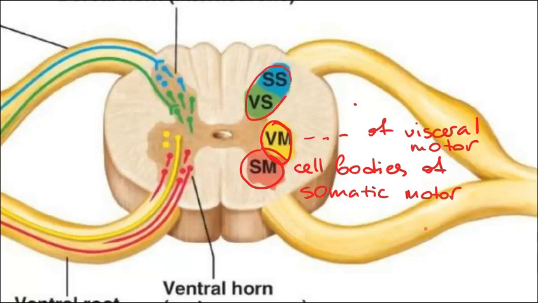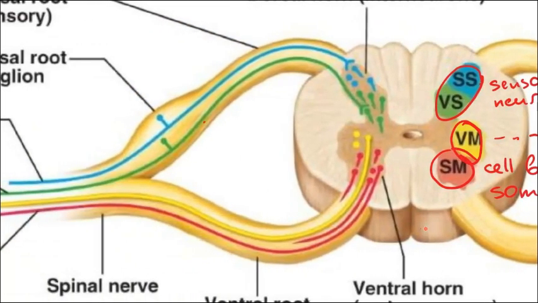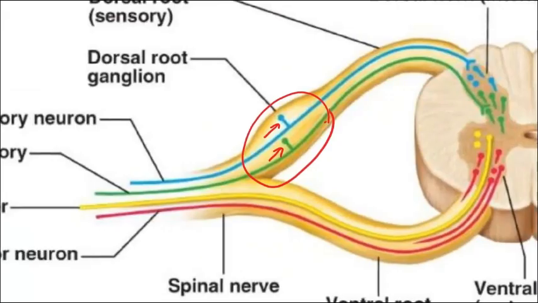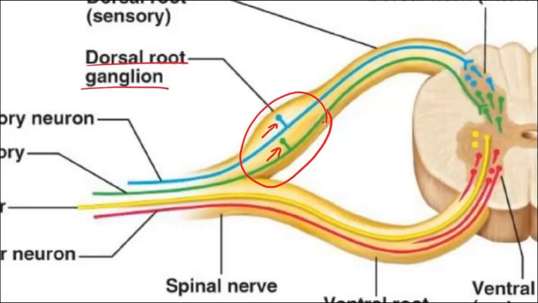And then the dorsal horn contains the axons and cell bodies of sensory neurons, both somatic and visceral. Now, one may ask, I avoided the term cell bodies. So cell bodies of these sensory neurons are found in this structure. I'm going to show it over here because it's better. You see, these are cell bodies. So this is what's called a dorsal root ganglion, where the cell bodies are located.